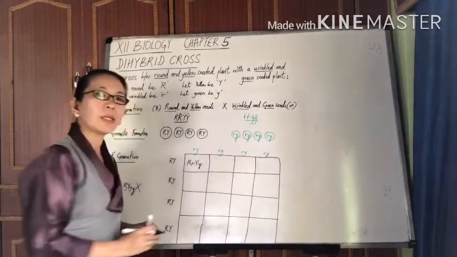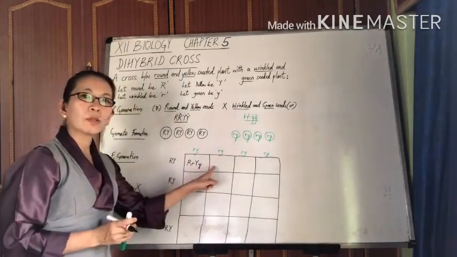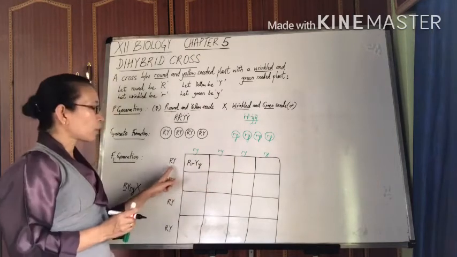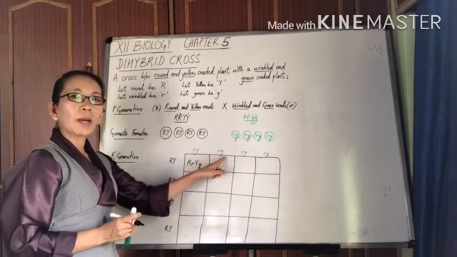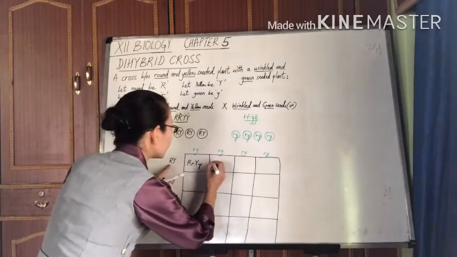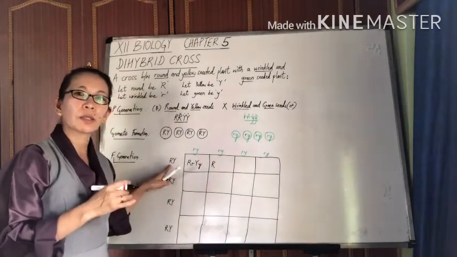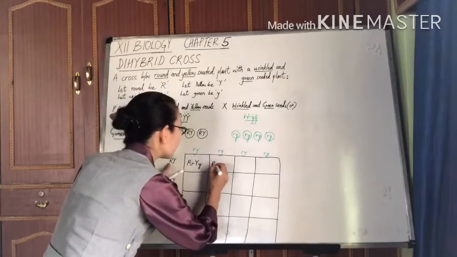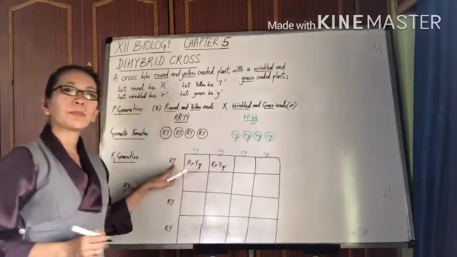Likewise, now we can complete the rest of the boxes. In the second column, we have the female capital R, capital Y combining with male small r, small y. And we always write the capital letter first, so capital R, small r, capital Y, small y.